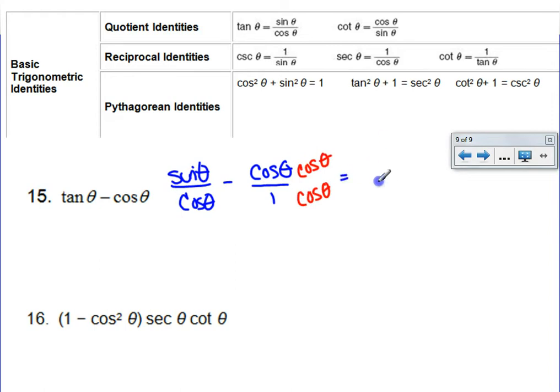And I end up with, let's see, sine of theta, oop, not squared. Where are we at? Sine of theta minus cosine squared theta, all of it over cosine of theta.